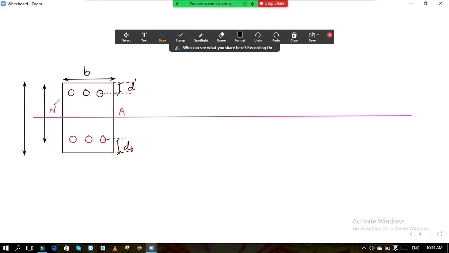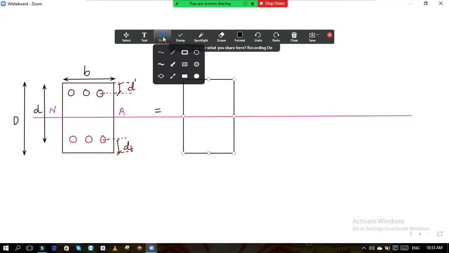So this is your B, this is small d, this is capital D. So this is the doubly reinforced section. Now how is the doubly reinforced section made? If I split it, then this doubly reinforced section is nothing but equal to this singly reinforced section. This we have already studied.